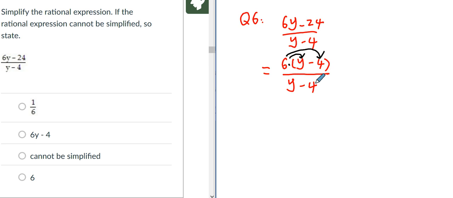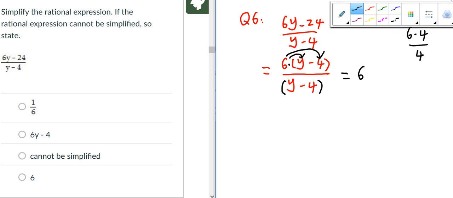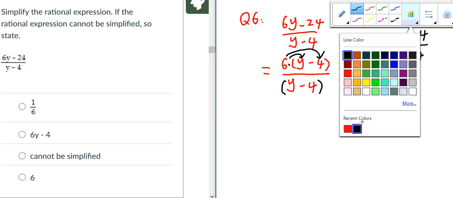Once you reach this point, you can then make a cancellation. That would be 6, because downstairs is y minus 4, and here is y minus 4. You can cancel it. It's like what? 6 times 4 divided by 4. You can cancel 4, right? Yeah.